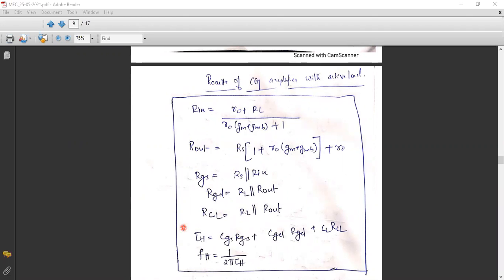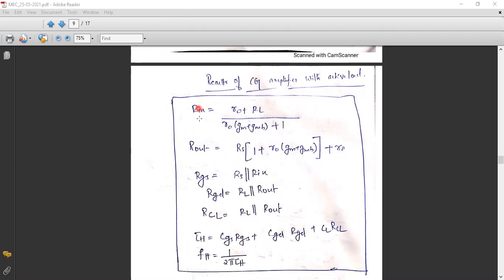There will be numerical problems for CS, CG as well as CD. CS we already did yesterday. All the derivation results you need to remember because you need to apply them in the numericals. So compare and study. That is why after each derivation, I want you to make a box and fill in the results so that it will be easier to study.